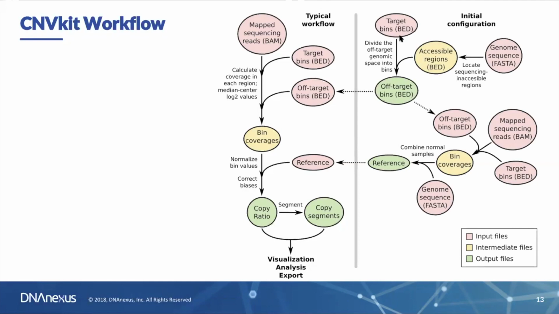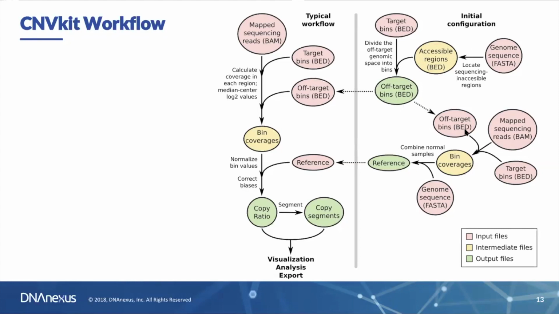We look at the reference genome. Having looked at the regions that aren't masked out by N characters, this is usually the centromeric regions and maybe the telomeres. We divide those regions that weren't captured into bins. That's how we generate off-target bins. We can reuse that file as input later.